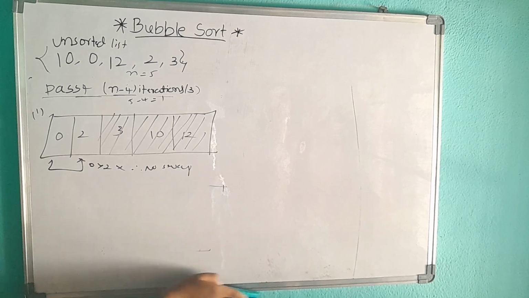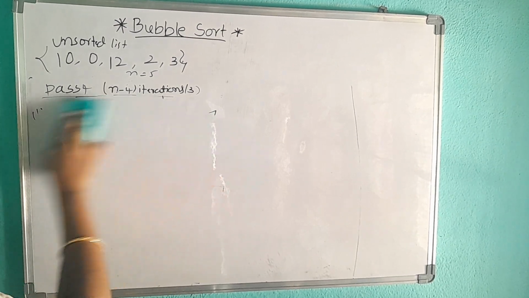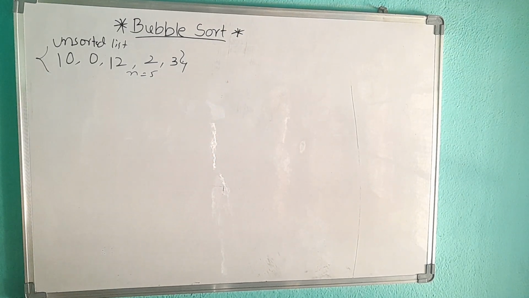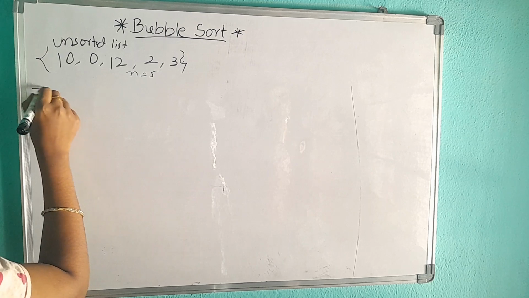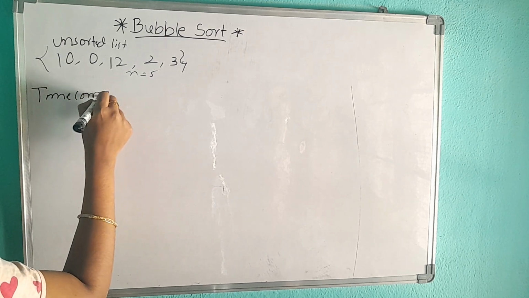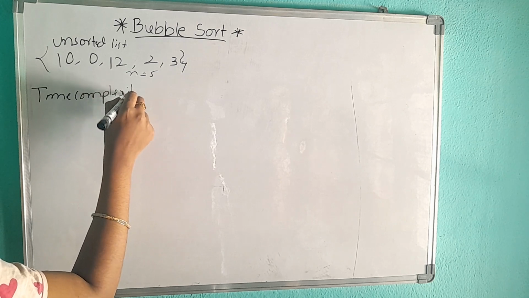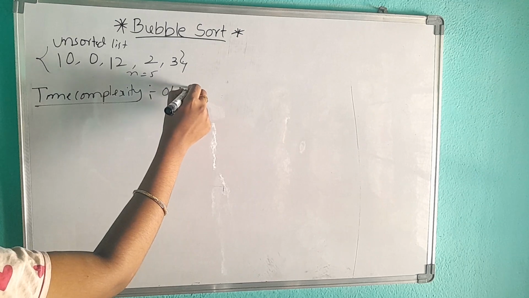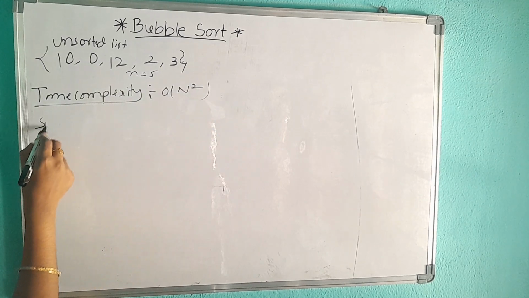Now I will explain the time complexity and the advantages and disadvantages of bubble sort. Time complexity. The time complexity of bubble sort is order of n square. Space complexity.